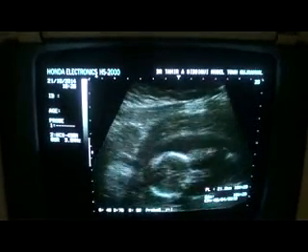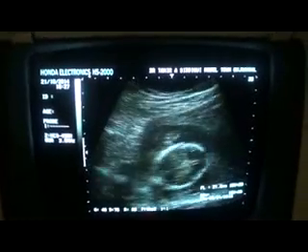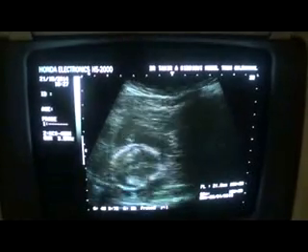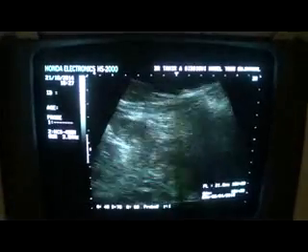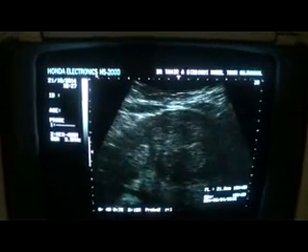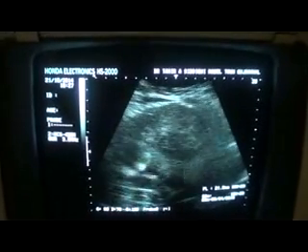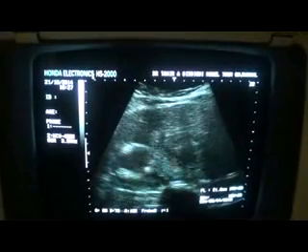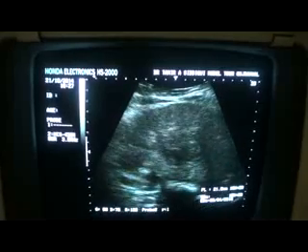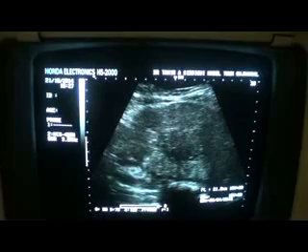When I move the probe towards the fundal region, here I come across a solid mixed echo mass, which is a fibroid relating to the anterior wall.